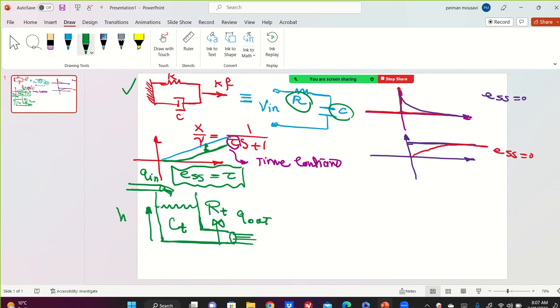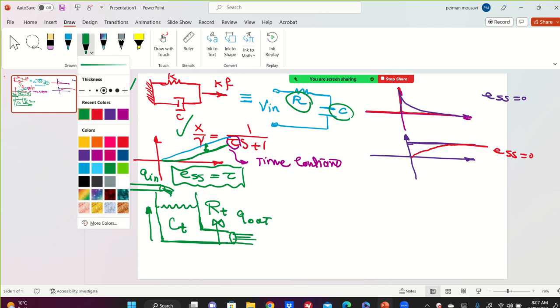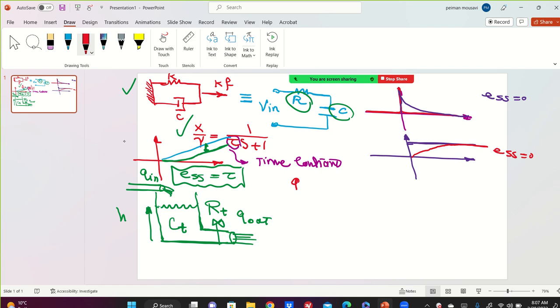Clear? So the goal is that we derive the differential equation of the first order system, and finally we apply the parabolic input to that system. So what we're going to do, I want to see Q in over H. This is our closed loop transfer function.